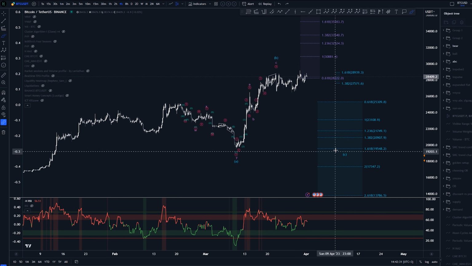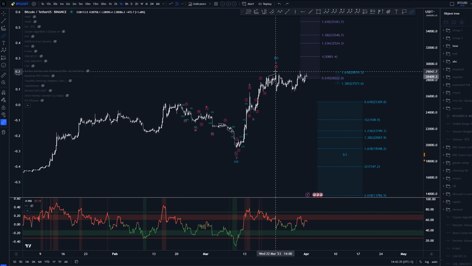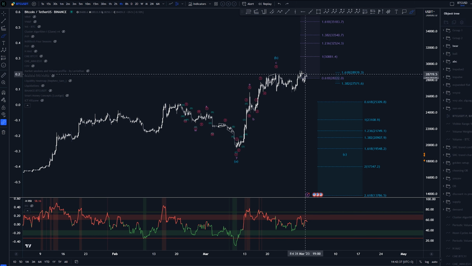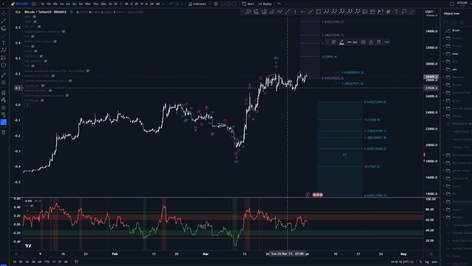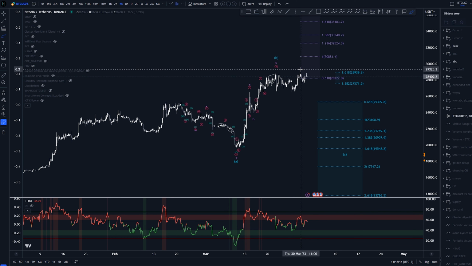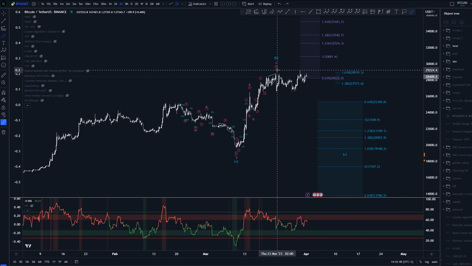And again, why is that invalidated? Because C wave is always a 5-way move, and if the C wave was to start here, invalidation for wave 2 would be at the start of that wave 1. So we would have to shift those things around so that the wave C would be in here, which definitely makes this a bit weird looking.